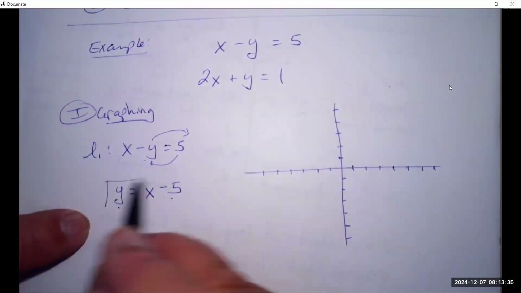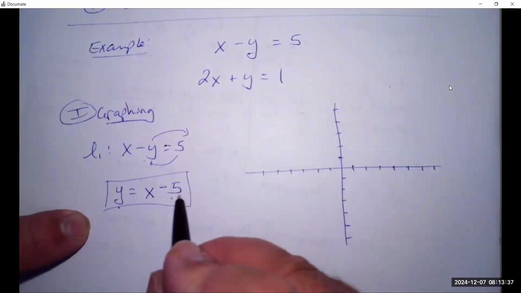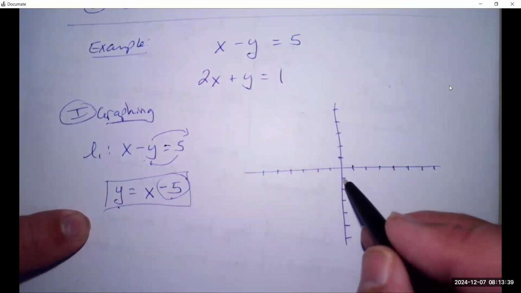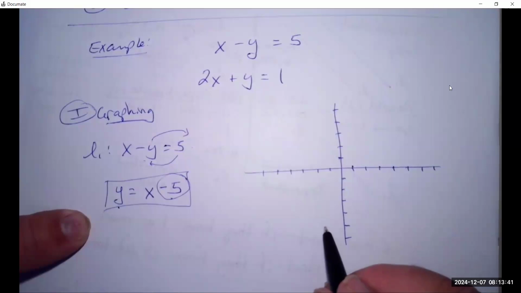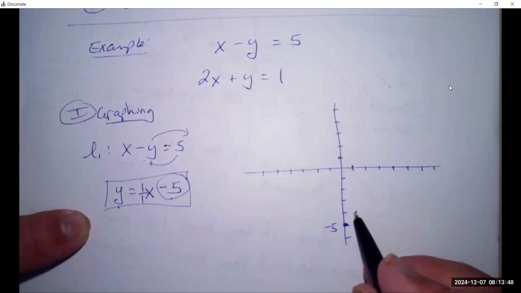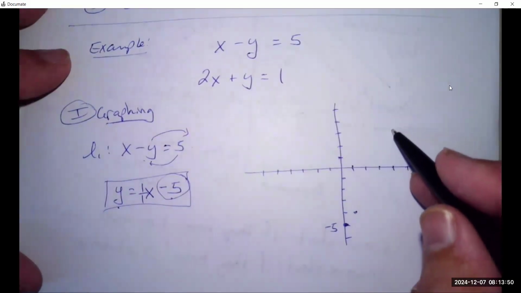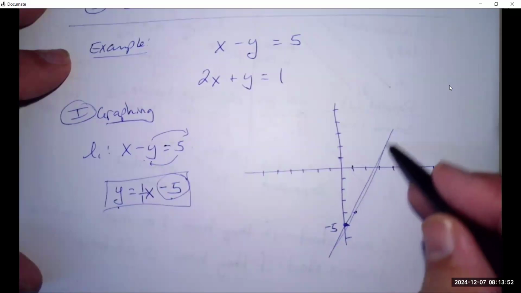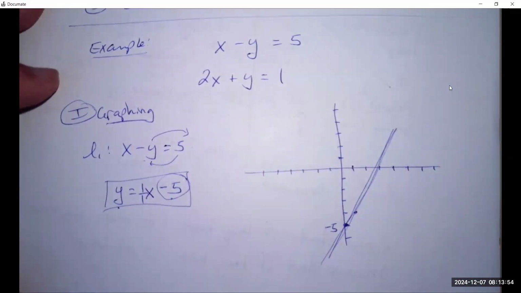So now we graph this one. It says here we have y-intercept 1, 2, 3, 4, 5 at negative 5. And the slope is 1 over 1. So there's that line.